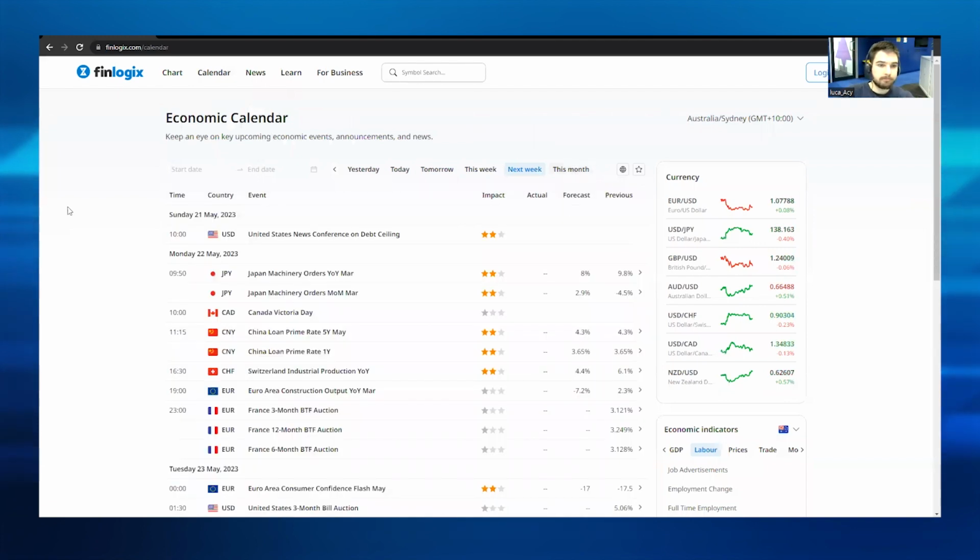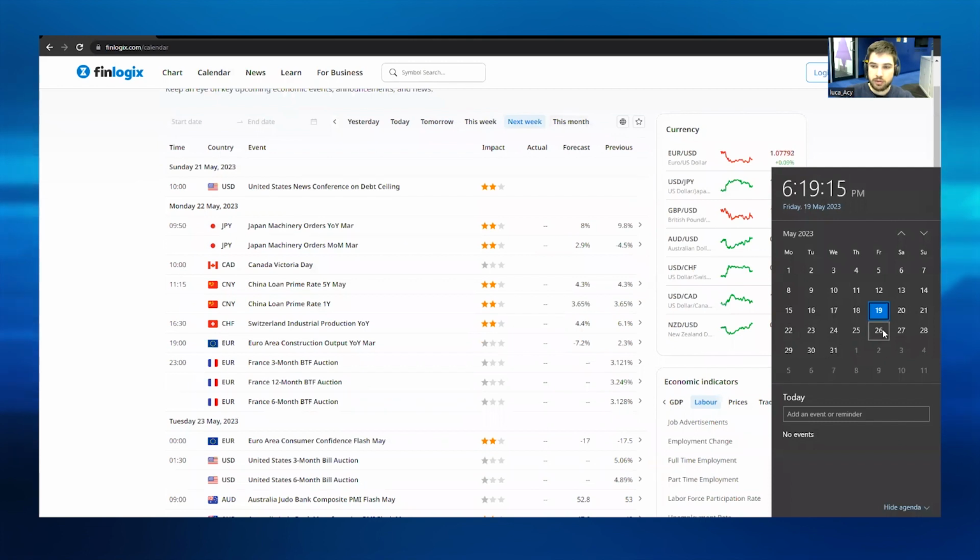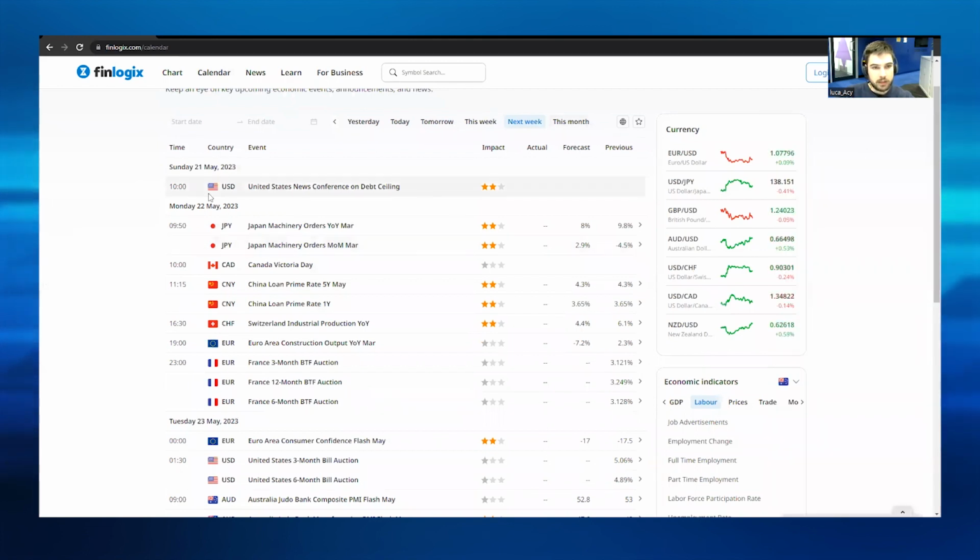This is Sydney time. So it's going to be Monday 22nd, and we're going to have a look from Monday to Friday. On Monday, we won't have much impact on the market, because Monday is usually a bit slow after the market was closed for 2 days. Traders are coming back and building positions.